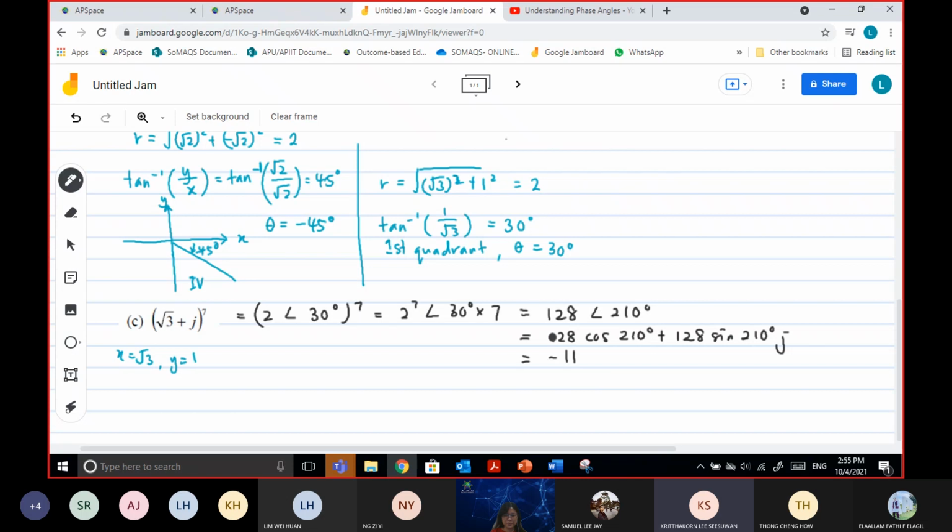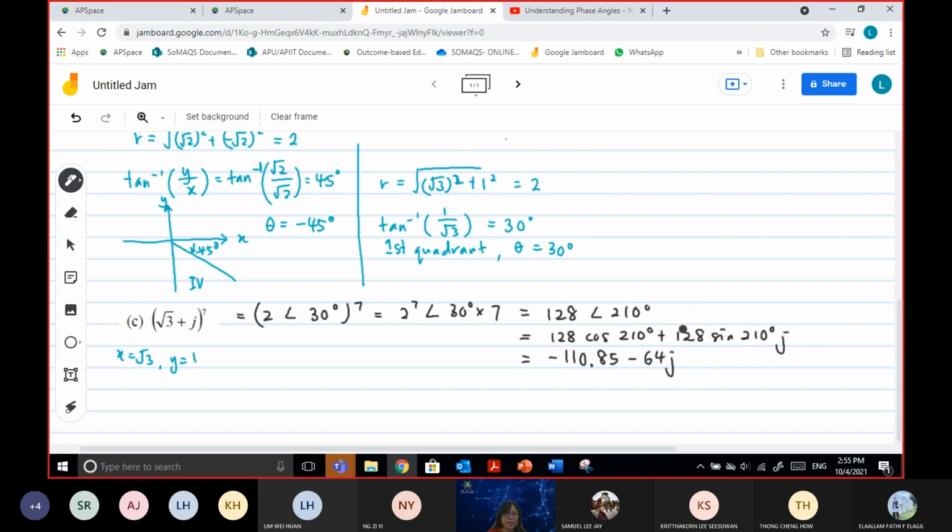Negative 110.85. Okay, then the imaginary part, negative 64j. Okay, correct. So this is the answer.